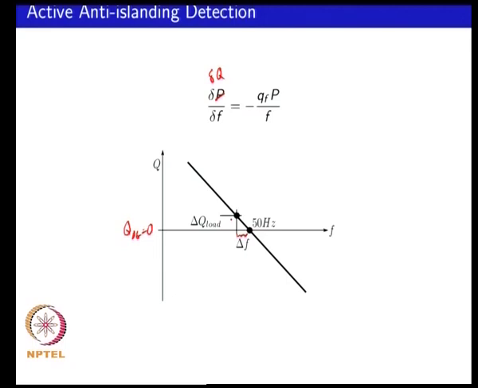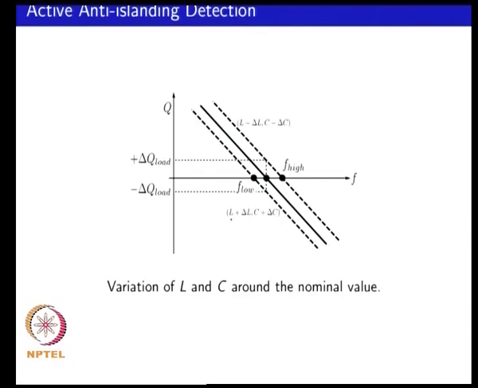Then we looked at what would happen if you had variations in L and C around the nominal values. If the Q of your load increases, that would correspond to the situation where your L reduces, so drawing more reactive power, or C also reduces.